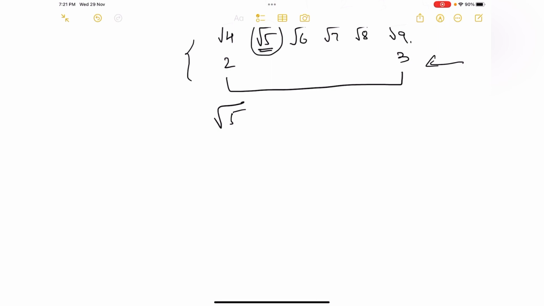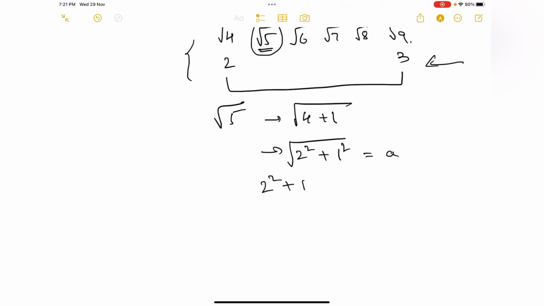So how do you represent root 5? Root 5 is nothing but root of 4 plus 1, which is root of 2 square plus 1 square, and we want to represent a. So 2 square plus 1 square is equal to a square.